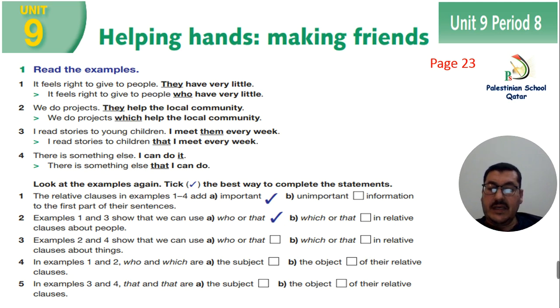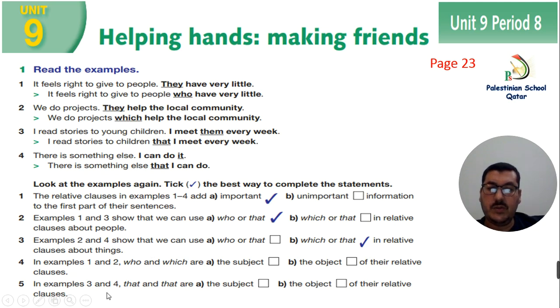Number 3, examples number 2 and 4 show that we can use who and that, or which and that, in relative clauses about things. Yes, we can use which and that. Number 4, in examples number 1 and 2, who and which are the subjects or the objects of their relative clauses?